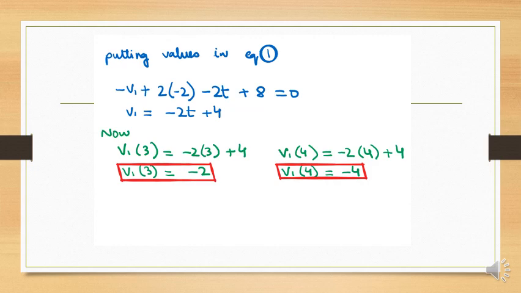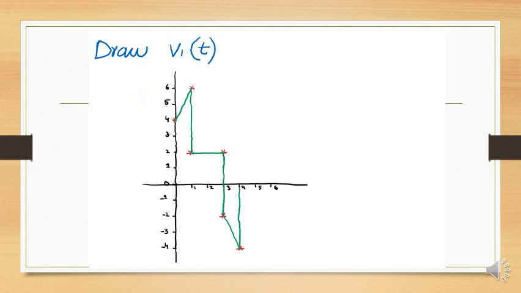Now, our final step, we have to draw the V1 waveform which we were finding out. We are going to plot V1 of t, the values we found at different intervals: from interval 0 to 1, from interval 1 to 3, and from interval 3 to 4.